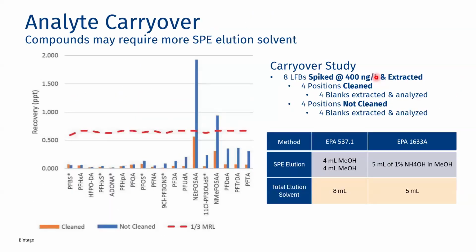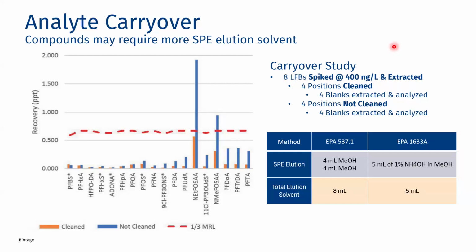Well, let's take a look at analyte carryover. Analyte carryover is very helpful information because it tells us if compounds will carry over to your next sample when you analyze it. It also tells us if we're using enough solvent to extract the analytes from the system.